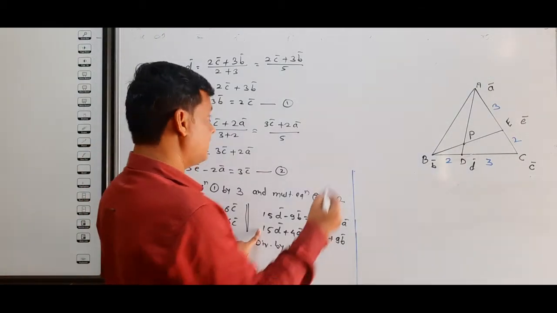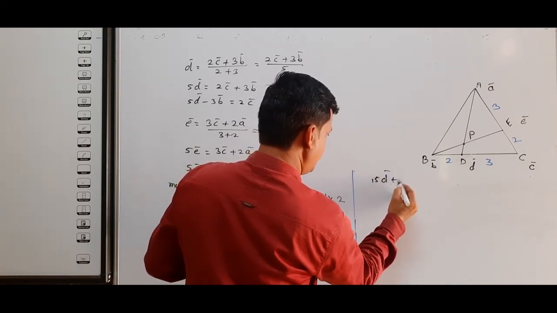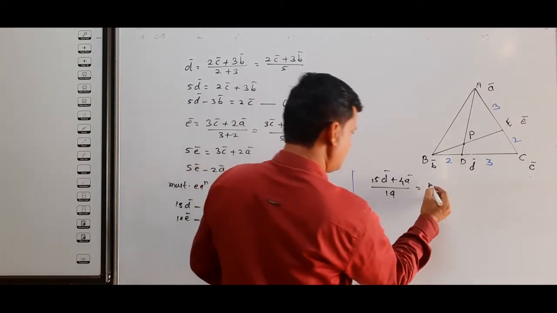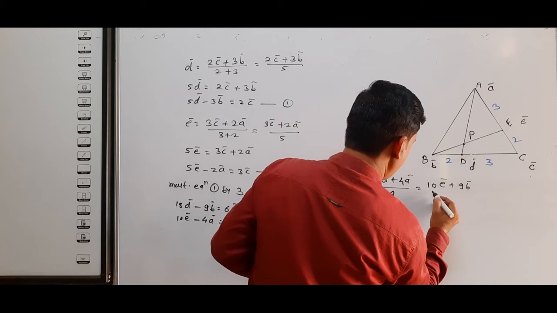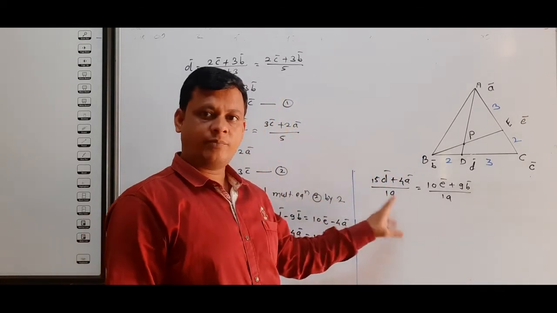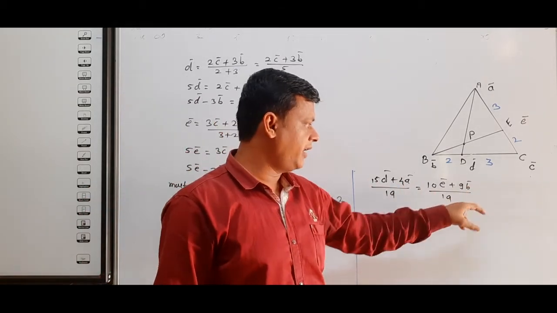So see here, 15D bar plus 4A bar upon 19 is equal to 10E bar plus 9B bar upon 19. So we can split up this 19 for the LHS as 15 plus 4, and for the RHS as 10 plus 9.